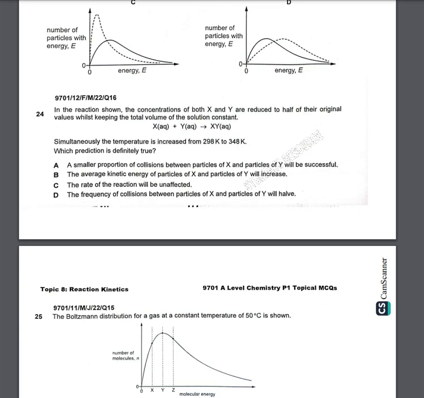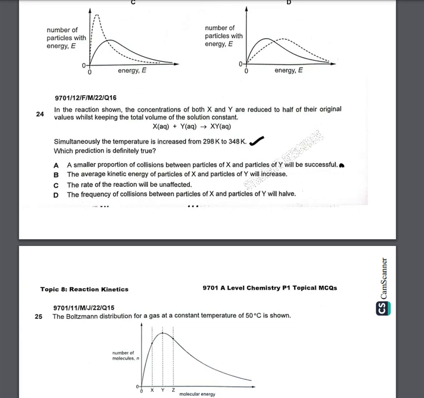Simultaneously the temperature is increased from 298 to 348 Kelvin. Which prediction is definitely true? A, a smaller proportion of collisions between particles of X and Y will be successful. Now you have decreased the concentration, but you have increased the temperature. So you are 50-50 now about how to approach this. So ignore A for some time.